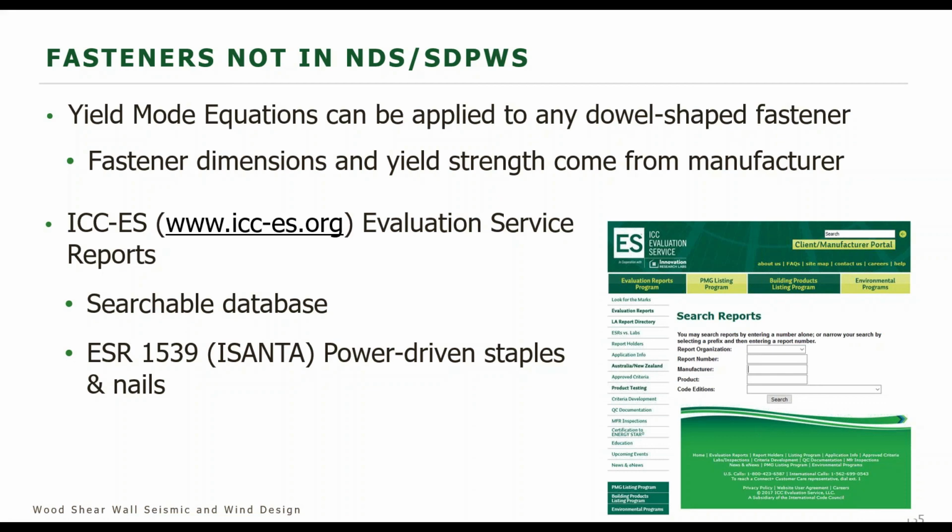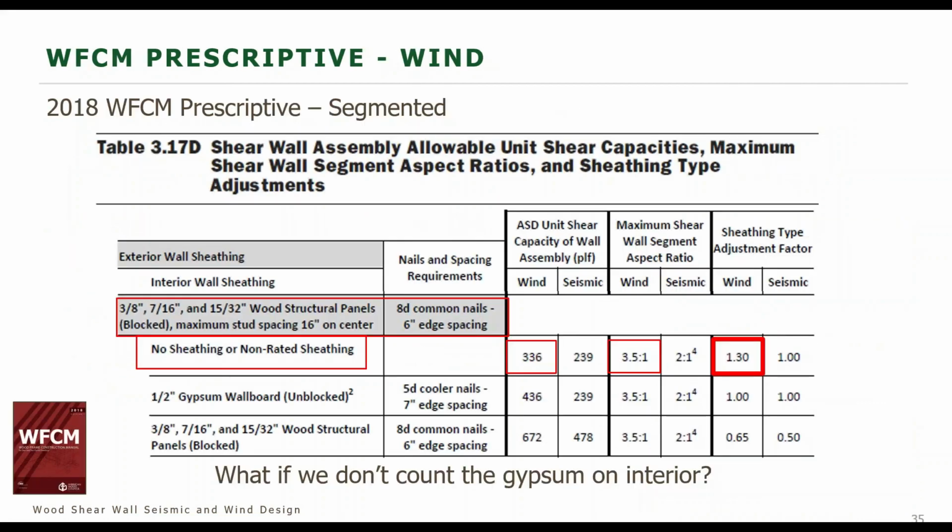If you're using something that is proprietary or not in compliance with that ASTM standard, you'd need to use either the manufacturer's data or one of these evaluation service reports. 1539 is one that is presented for a lot of common power actuated fasteners that you might encounter.